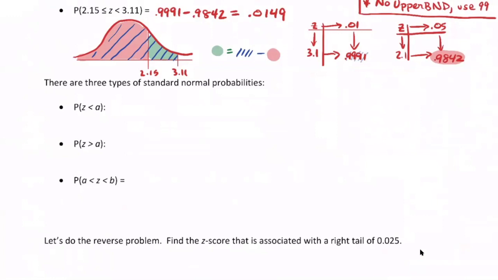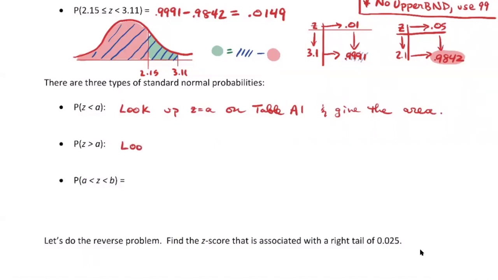This is just a summary. For a probability of Z less than A, you just look up Z equals A on table A1, which is the one we're using up above, and you just give the area. Okay, then for probability of Z greater than A, you look up Z equals A on table A1 and give 1 minus the area on the table. That's for the greater than problems. And for the in-between problems, you look at both of these values.